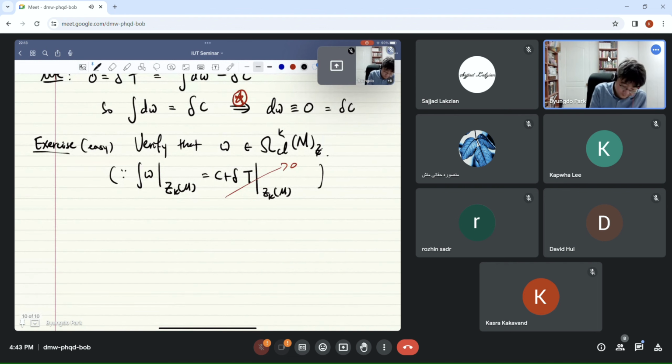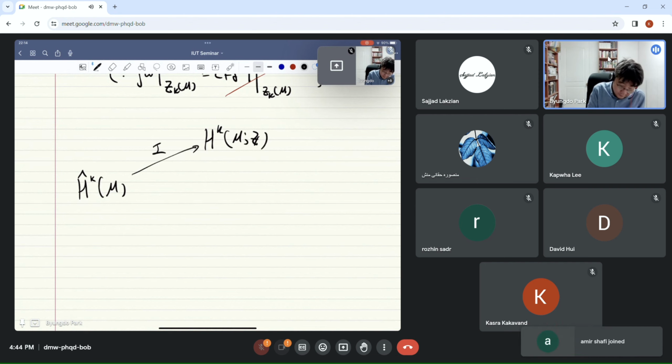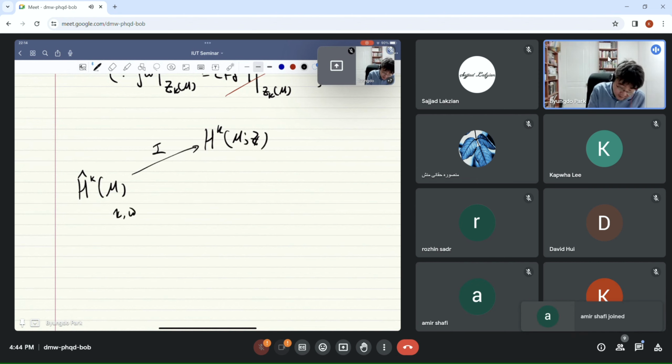So now we define this. Now we can define the maps I and R like the following. This is the I map that goes to integral degree k cohomology. So you take chi and omega from the construction. You know what this C means, right? And you take the cohomology class of that.